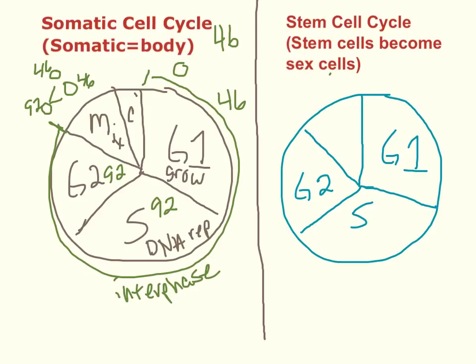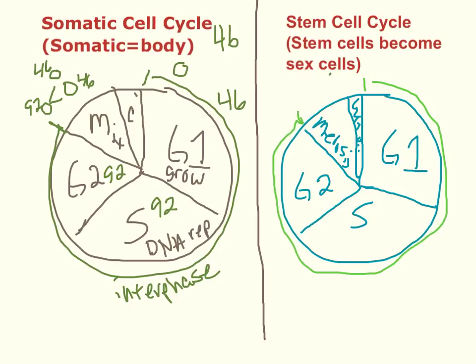And so it's going to go through meiosis 1 and 2, and then that last bit of cytokinesis is here. Okay, so in this case, we're going to be starting with, well, and this is still all considered interphase also, okay?